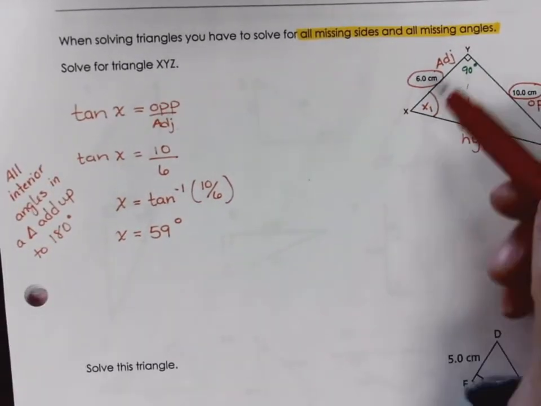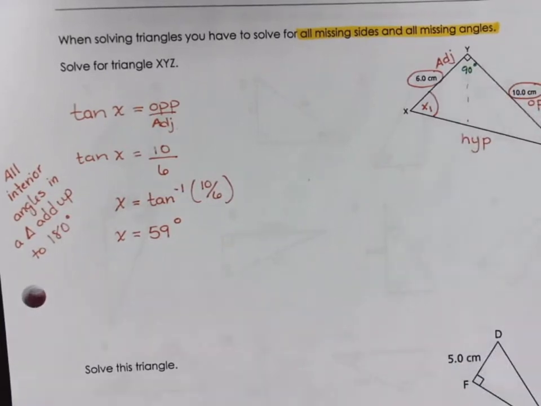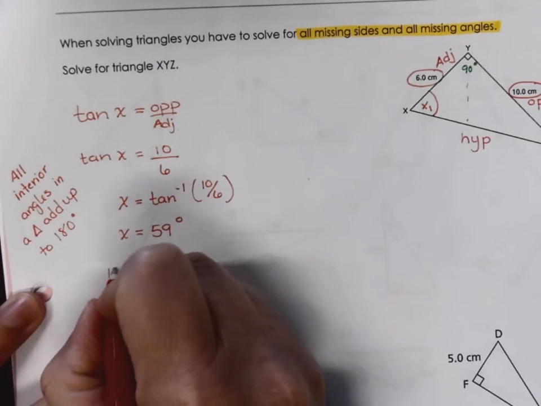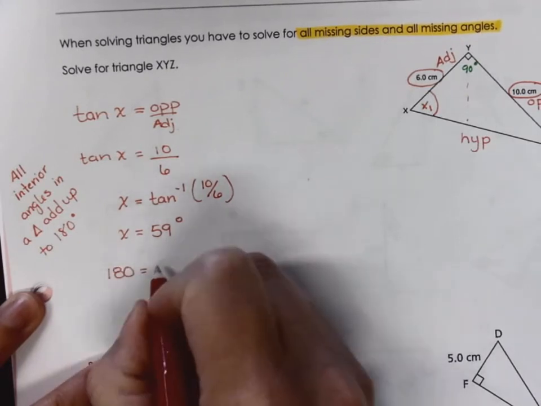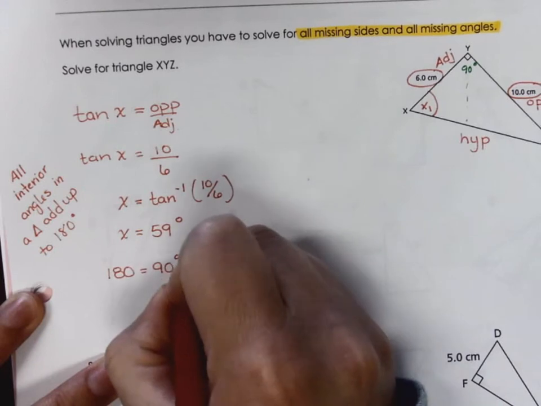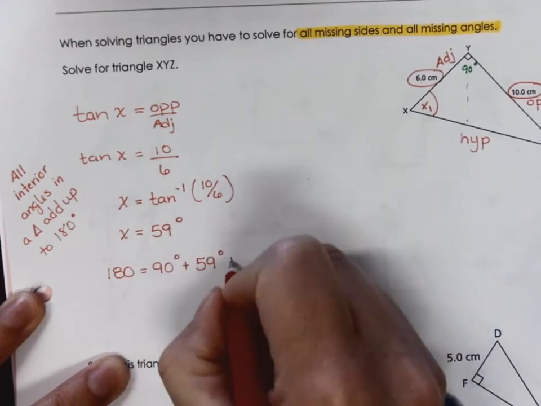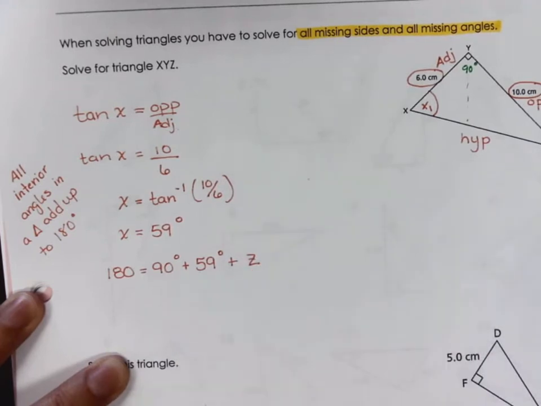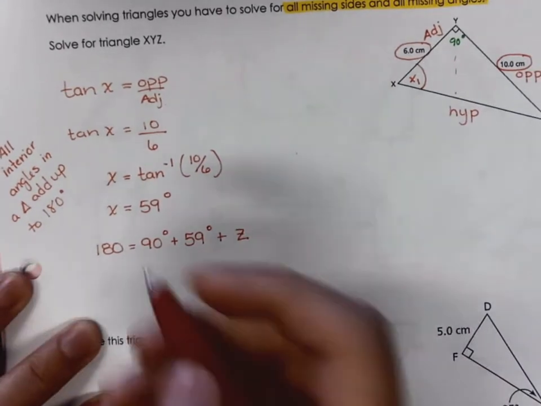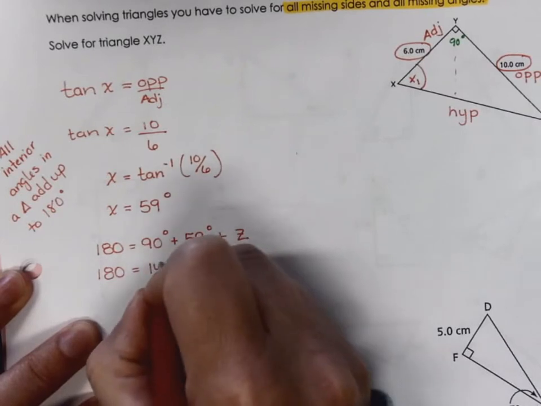And we've found 2 out of the 3. So super easy. We're going to have 180 is equal to 90, because that's my first angle, plus the 59 plus angle Z. So we can do some math, and I'm okay with however you choose to do it.